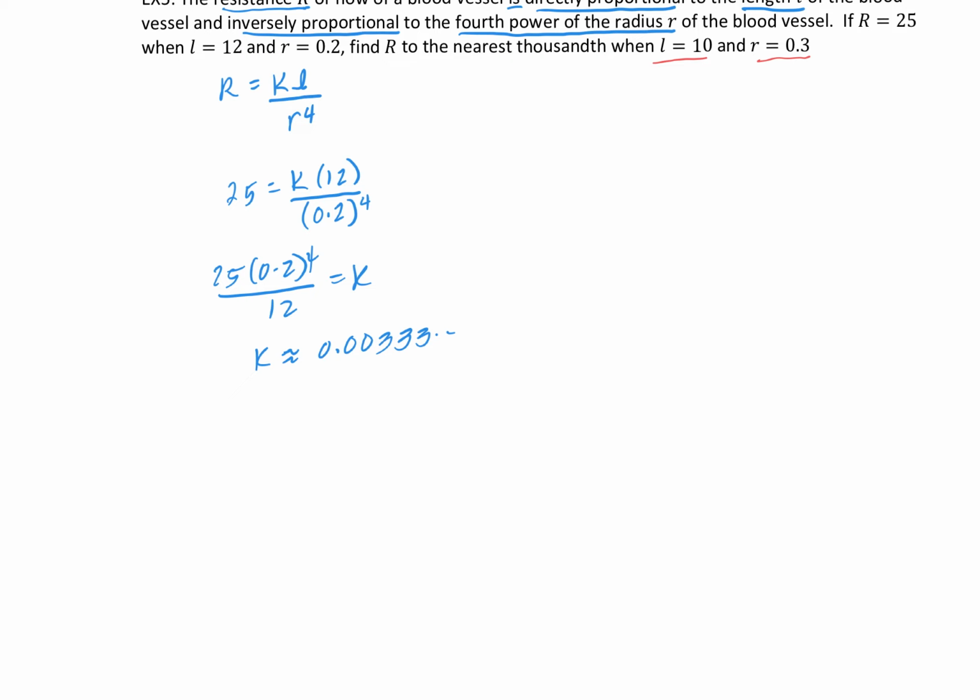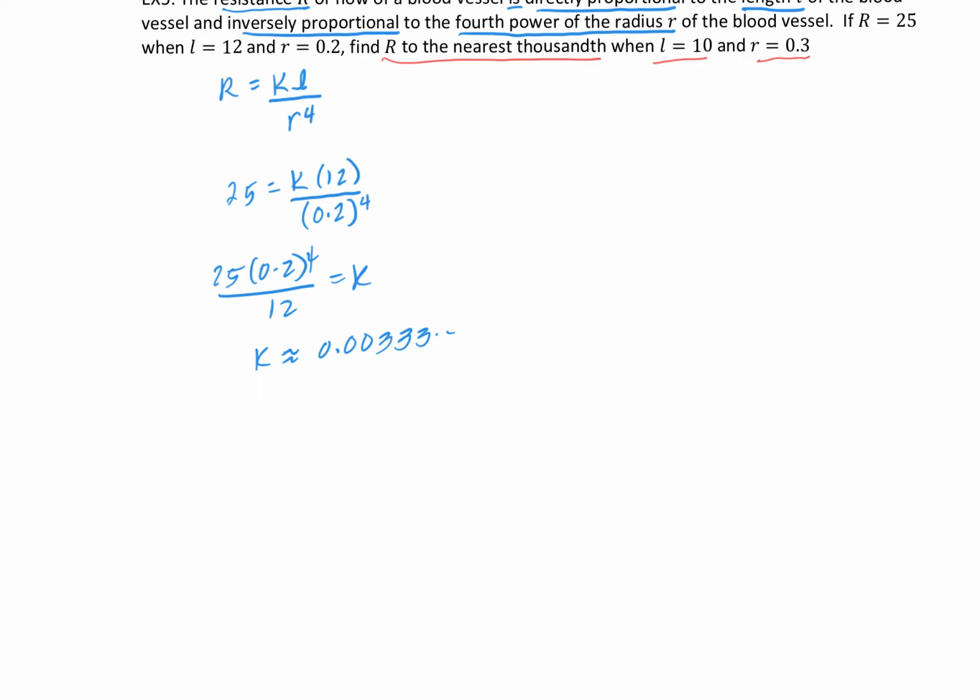Going back to what we're supposed to find, R to the nearest thousandths. So thousandths means 3 decimal places. So if you're going to round your K value, you want to go at least one more than what you're supposed to round to. So at least 4 decimal places, just so that when you round your final answer, you can tell if you're supposed to just cut it off or round it up.